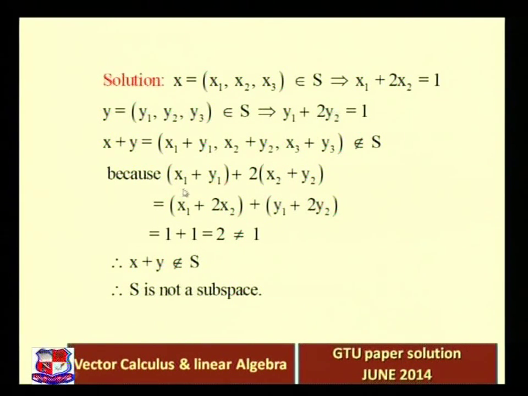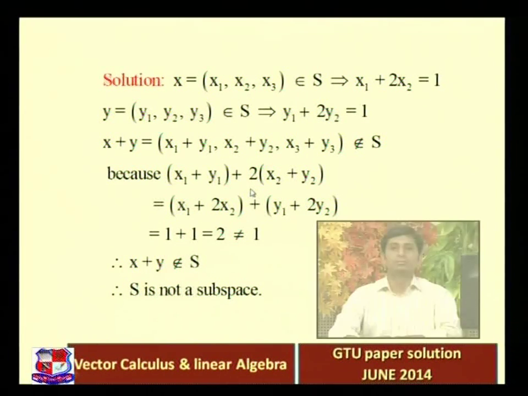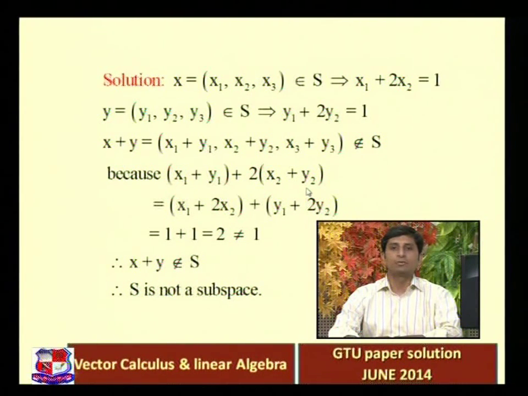So x1 plus y1 plus 2 times (x2 plus y2) is equal to x1 plus 2x2 plus y1 plus 2y2, that is equal to 1 plus 1 equal to 2, but that is not equal to 1 clearly.